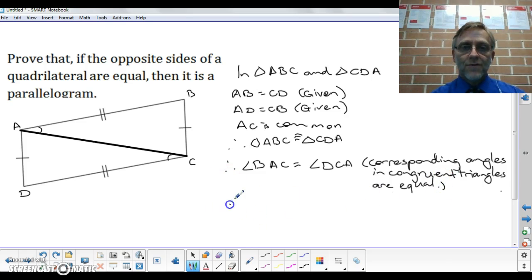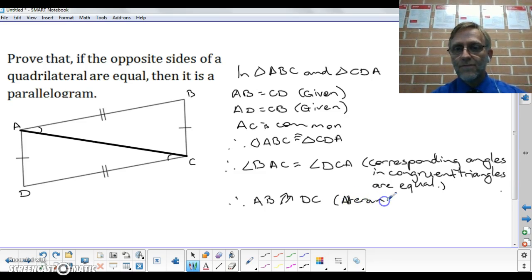Okay, therefore, AB is parallel to, and that's my symbol for is parallel to, DC. And the reason is that alternate angles are equal on parallel lines.